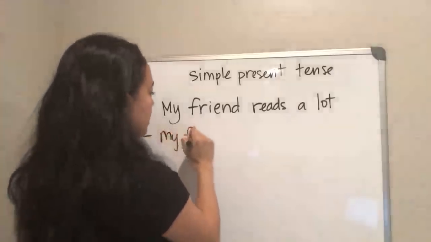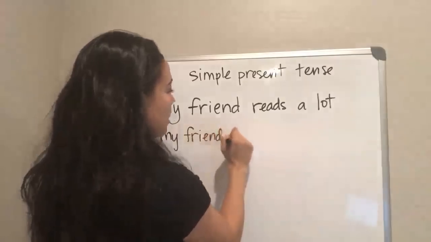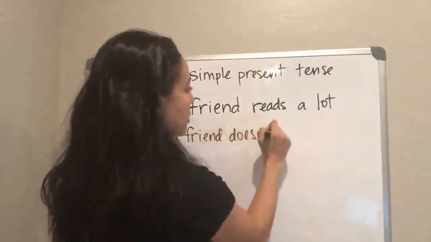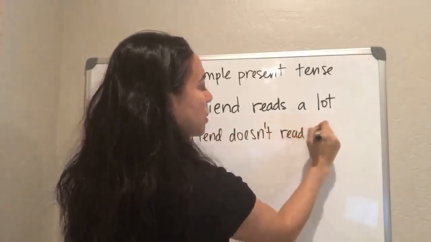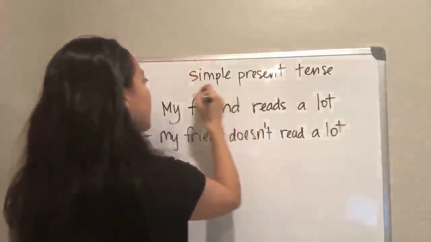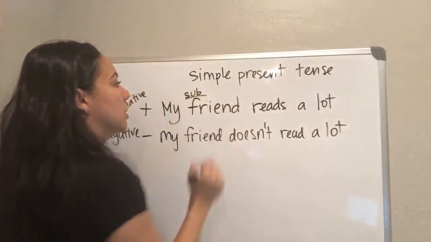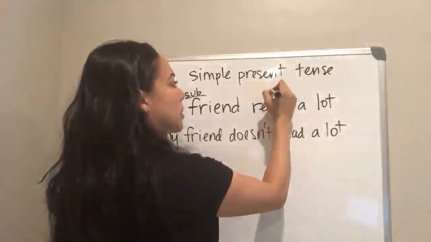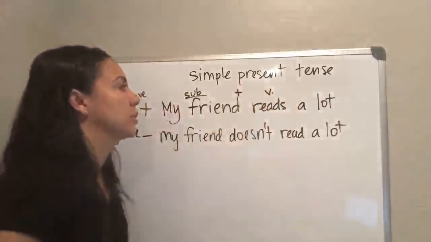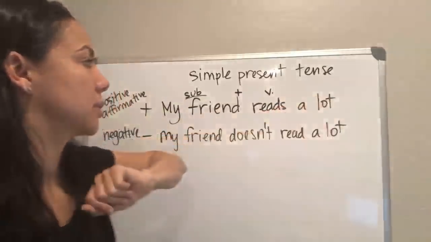My friend doesn't read a lot. So here we have the subject, the verb. That's it. We just got these two. You can even say my friend reads.